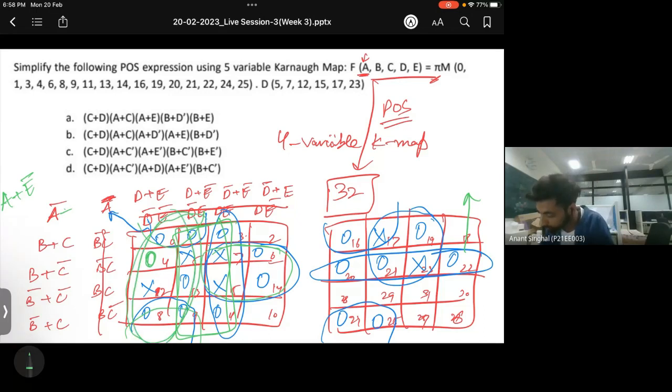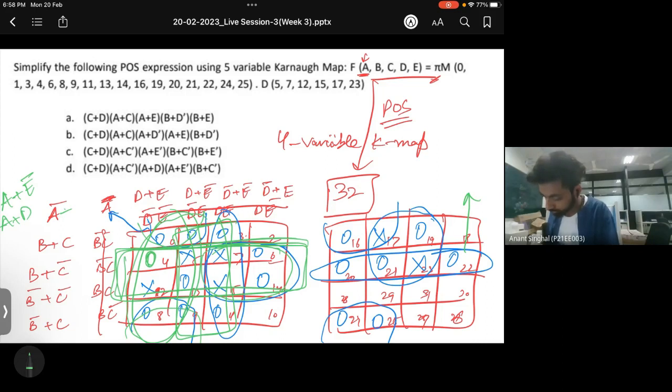If I try to make this, it will be A plus D, right? Which is A plus C bar. So this option is A plus C bar and this option is A plus E bar.